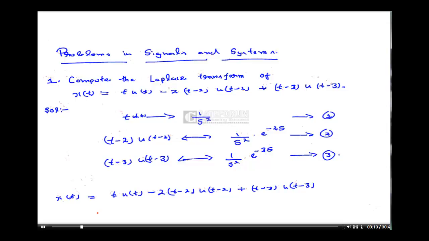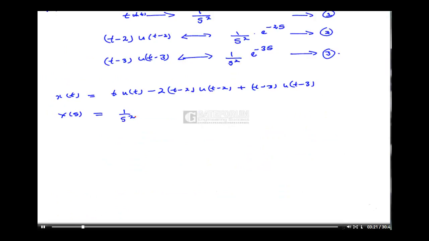So for this I can write my Laplace transform X(s) from 1, 2 and 3 as 1 by s square minus 2 by s square e to the power minus 2s plus 1 by s square e to the power minus 3s. So this is the Laplace transform of the required signal x(t).